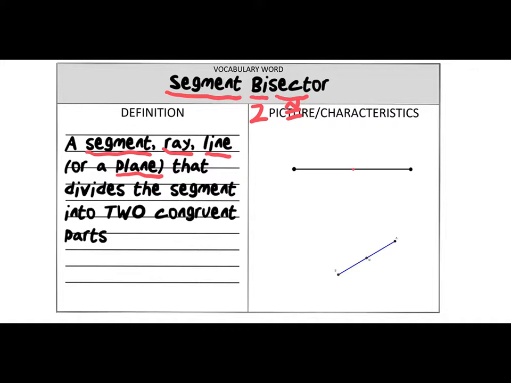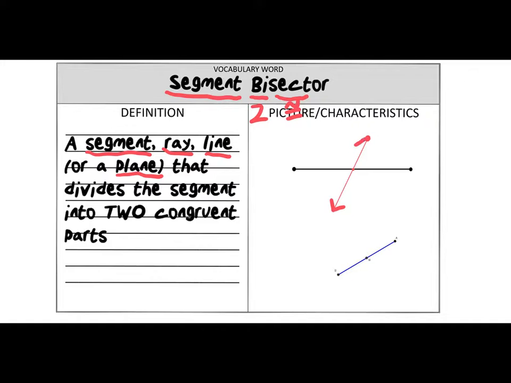So it could either be a segment. If it were a segment, it would have 2 points at each end. Or it could be a ray. That means 1 arrow. Or it could be a line.